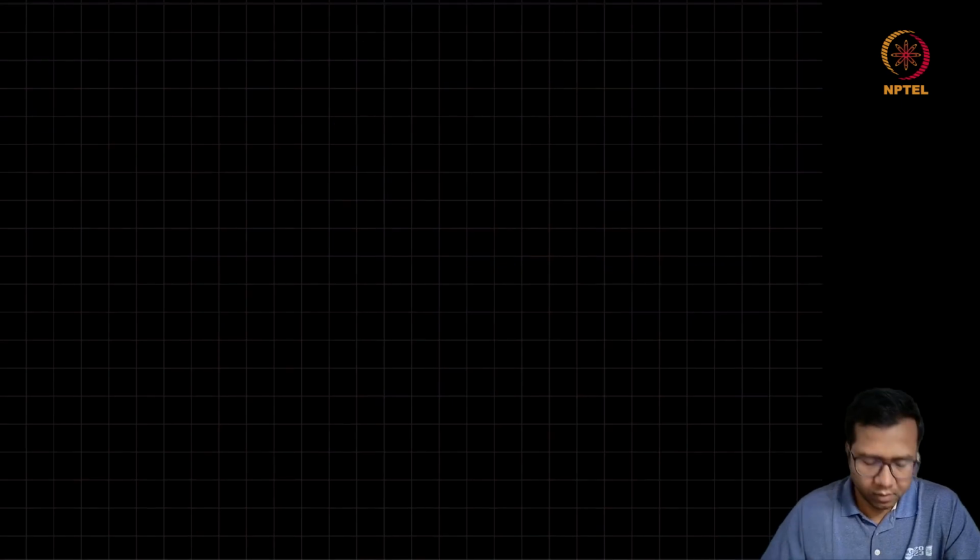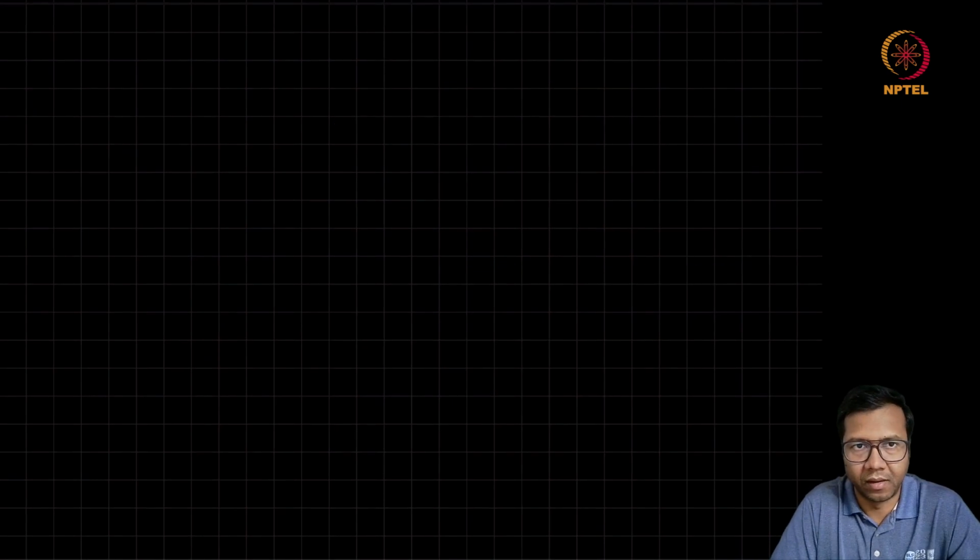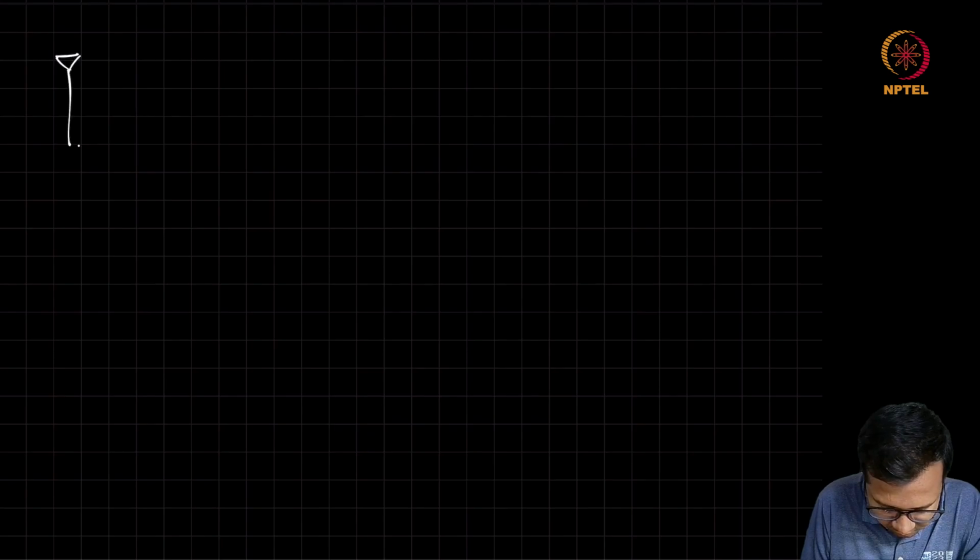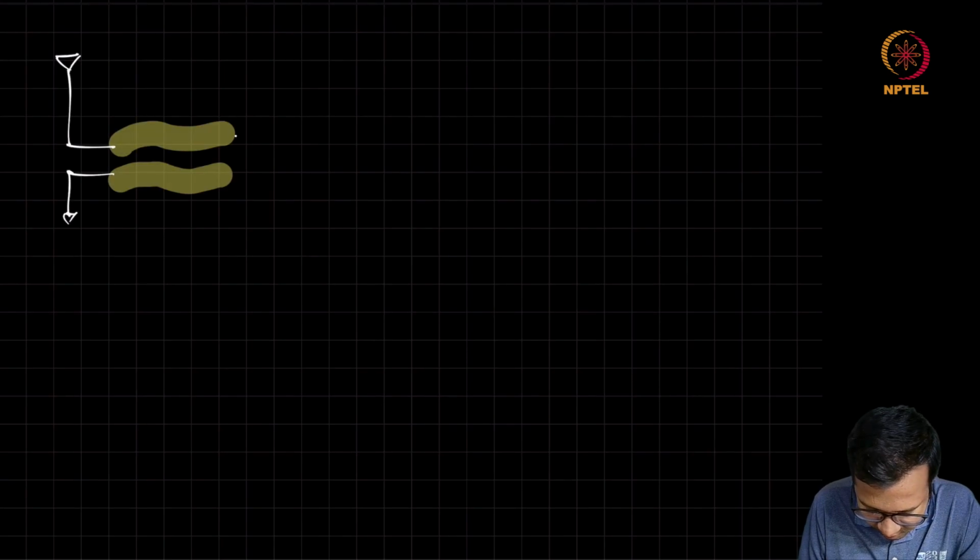Let us redraw the basic receiver we have discussed earlier. The signal comes to an antenna through a transmission line.